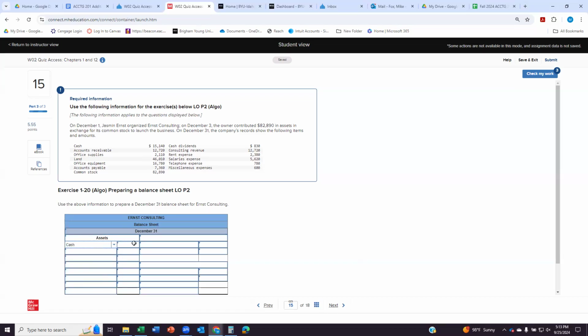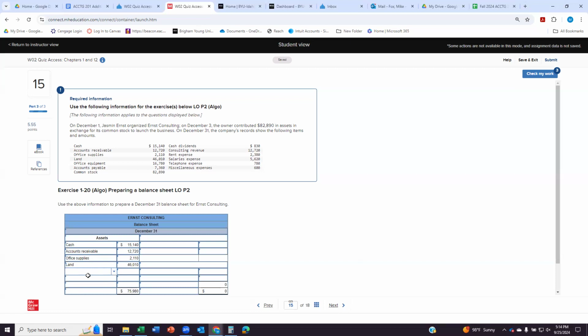So our cash is 15,140. Our accounts receivable, 12,720. Office supplies, 2,110. Land, 46,010.